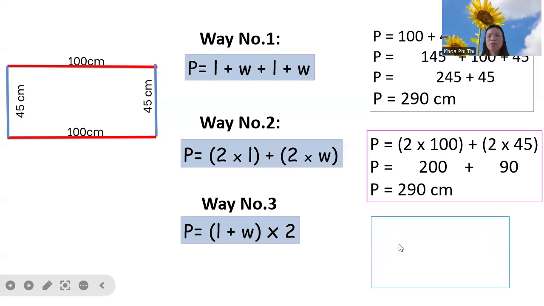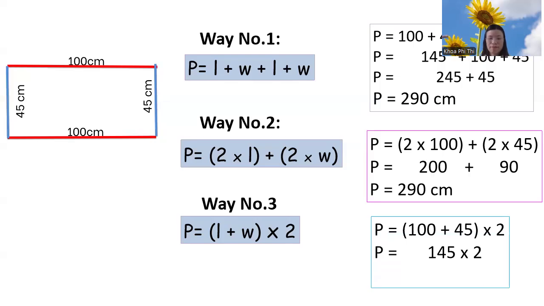And now group 3. Now let's look at their work. Lan added length and width and multiplied by 2. Is she applying way number 3 formula?